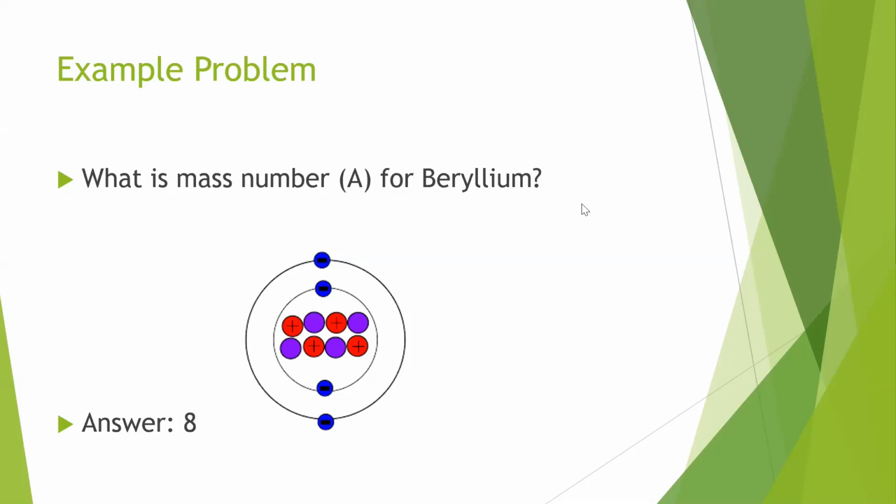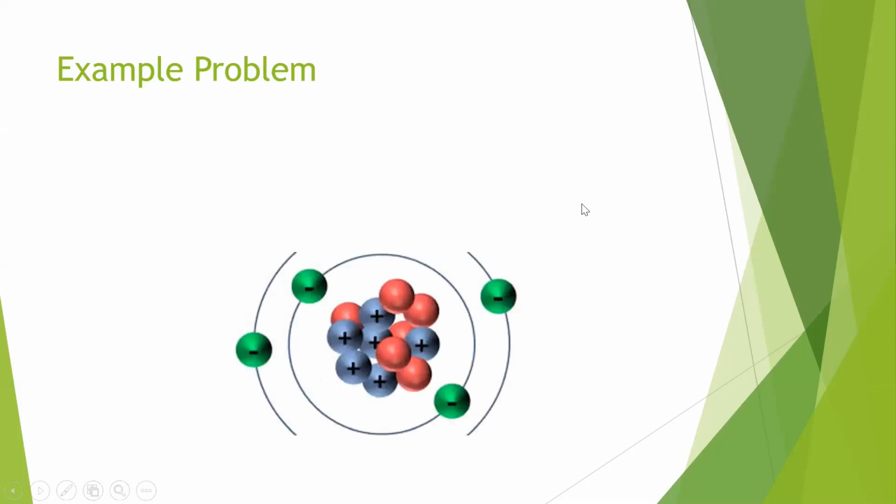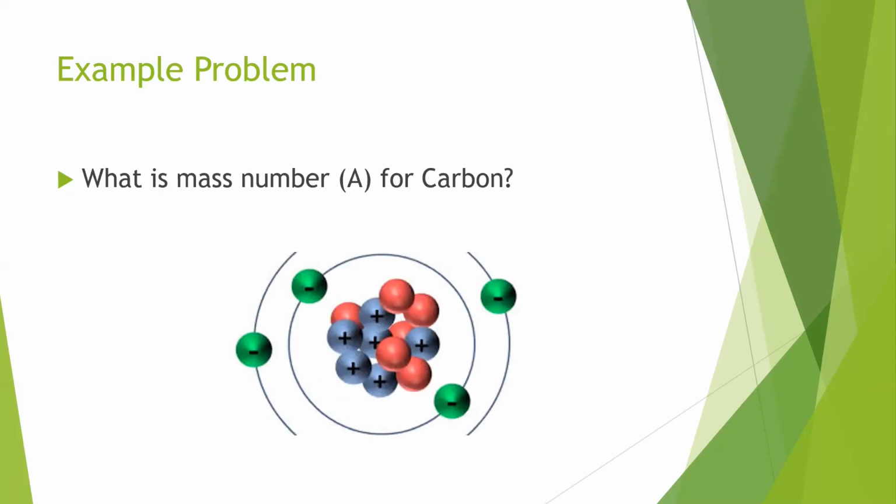Okay, here's another example. This one might be trickier. We want to find the mass number A for carbon. It might be a little harder this time counting the protons and neutrons, but try to do your best and PM me when you have the answer.